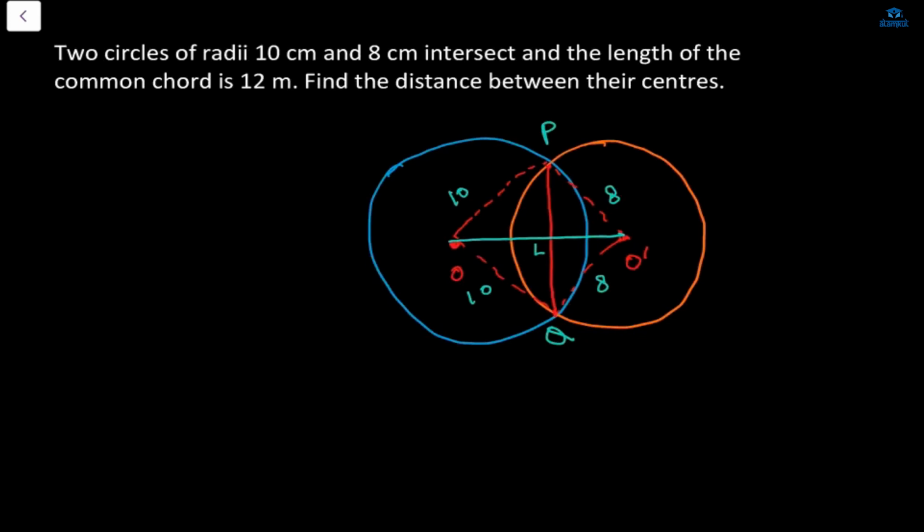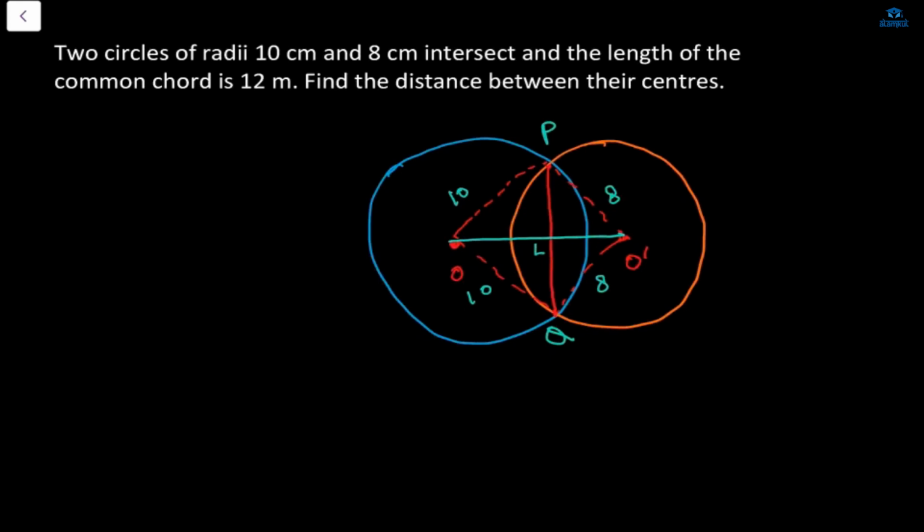They are intersecting somewhere, and one of the common chords is of length 12 centimeter. So PQ is the common chord that I have drawn, because that chord should be on both the circles. So this is the region where we can draw a chord. The common chord is PQ, and we need to find the distance between their centers.